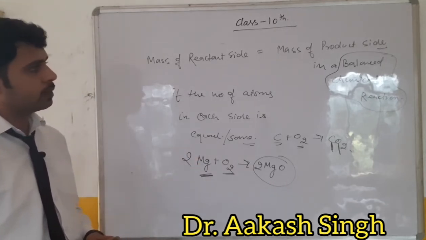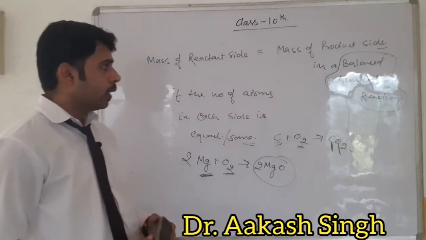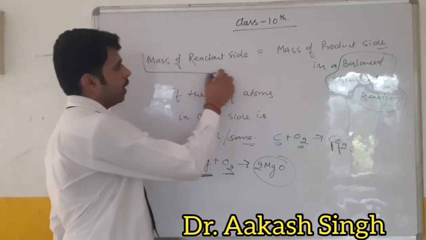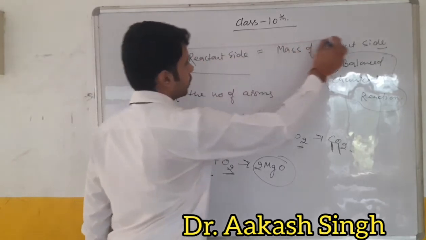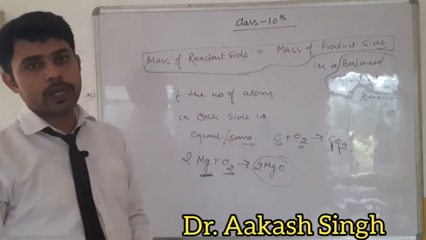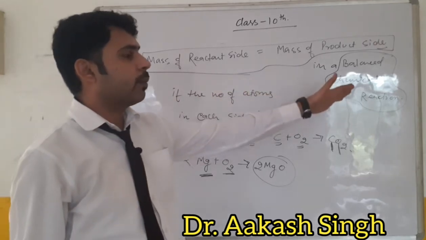So this is a very basic difference between balanced and unbalanced reaction. In a balanced reaction, by the law of conservation of mass, the mass of reactant must be equal to the mass of product. So from the law of conservation of mass, you can define the balanced chemical reaction.